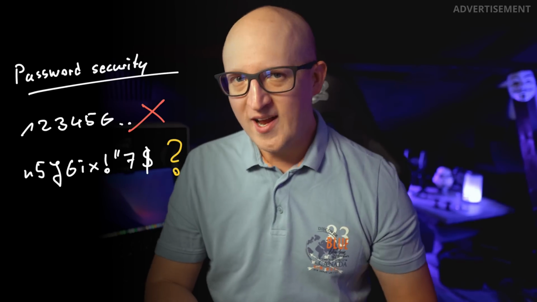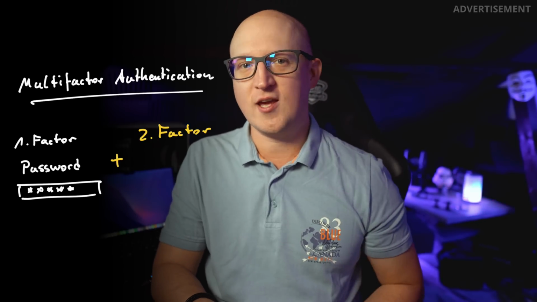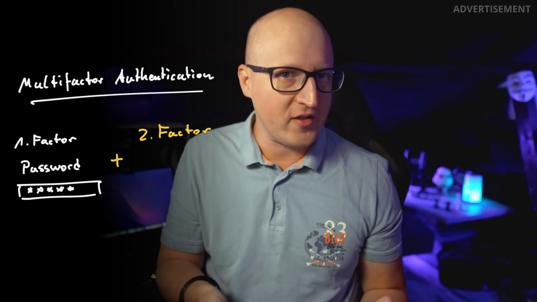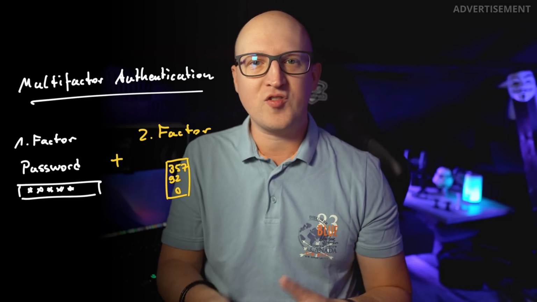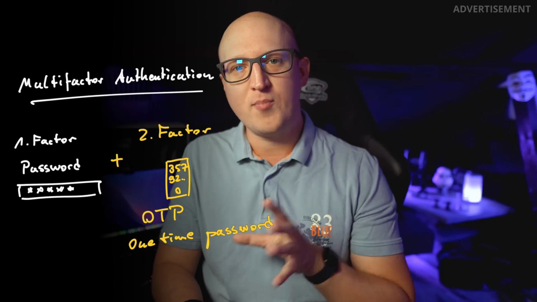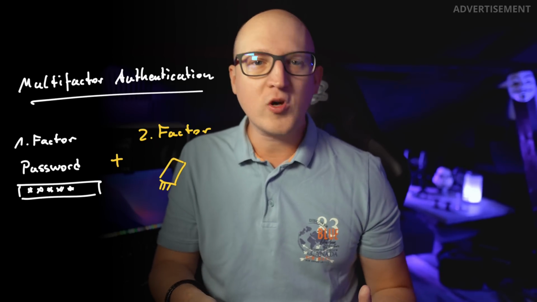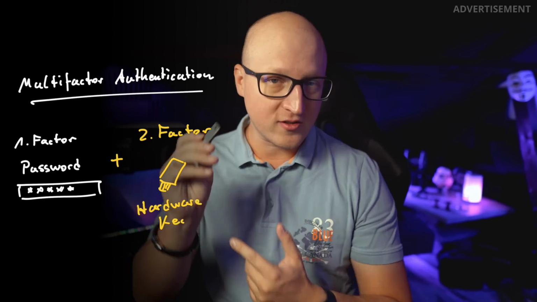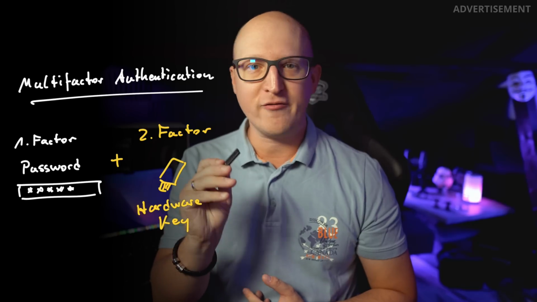So what can we do against this problem? A great way to harden your authentication is to use so-called multi-factor authentication. In this case, you need a second factor in addition to your password to log in. This could be a random number that's constantly regenerated every few seconds and sent to your mobile phone. This is also called OTP, a one-time password. Or even better, you can use a hardware key like this here. I got this one, the YubiKey 5 with NFC, for example.